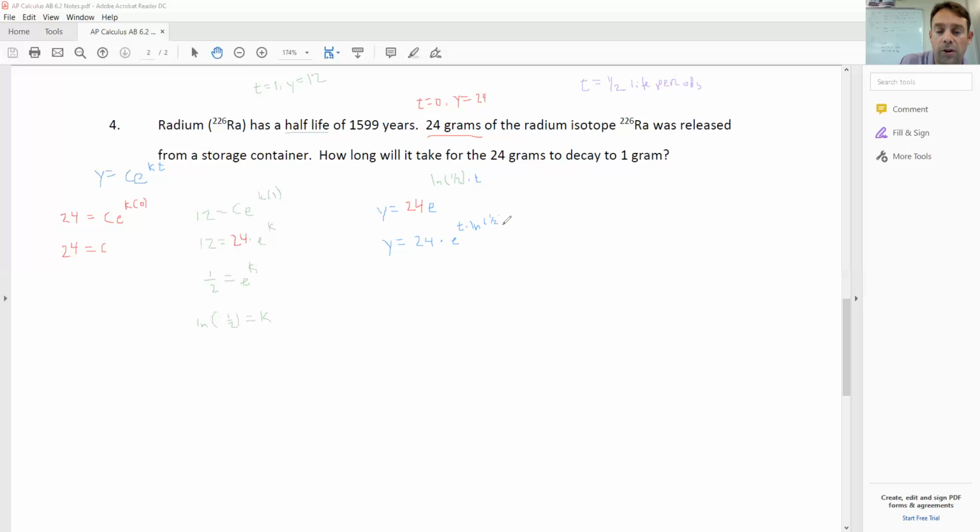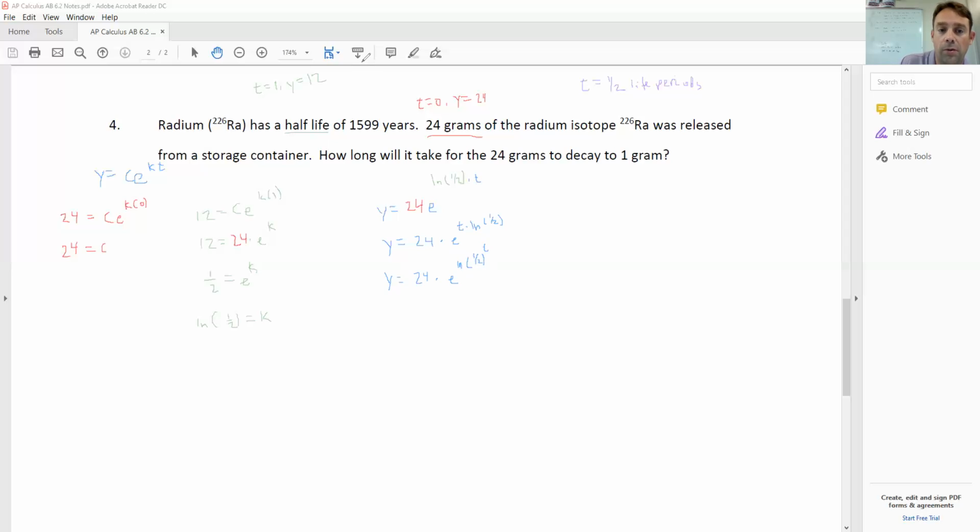And I learned, friends, that if I ever have a number in front of my natural log, it can become an exponent. So we go back, we use our rules of logs, and I can move that t to the exponent of 1/2. The reason why that's kind of cool is, again, e and natural log are inverses of each other.